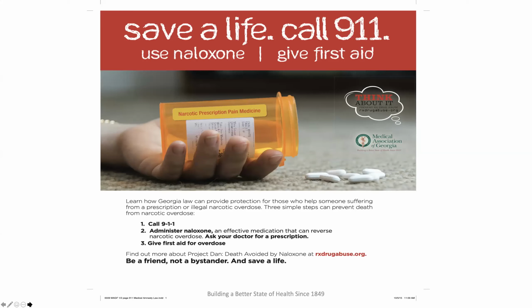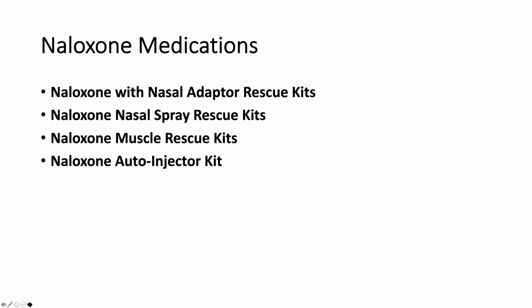I've had some people need up to 4 doses of naloxone in order to survive. But you administer naloxone and then you give first aid to the overdose. So it's important to be aware, especially in our current societal situation with the opioid epidemic. So please use that.